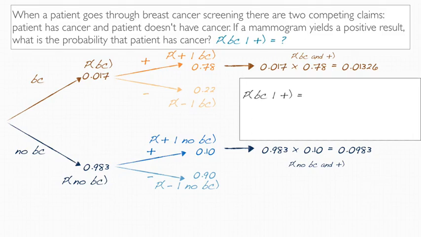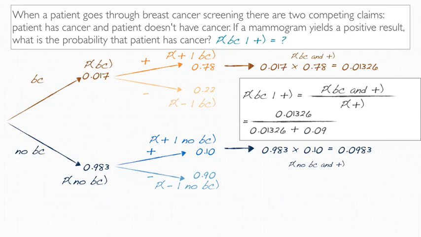Using Bayes' theorem, this is going to be the probability of breast cancer and positive divided by the probability of testing positive. The numerator is simply coming from our top branch. And the denominator, the probability of testing positive, is going to be the sum of breast cancer and positive or no breast cancer and positive. Since these are two disjoint outcomes, we add the two probabilities when we're saying or. This gives us about a 12% rate.